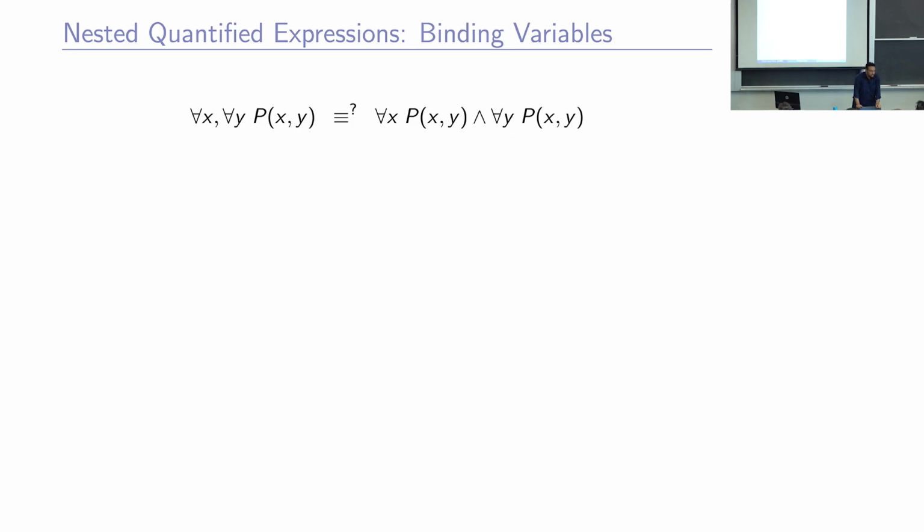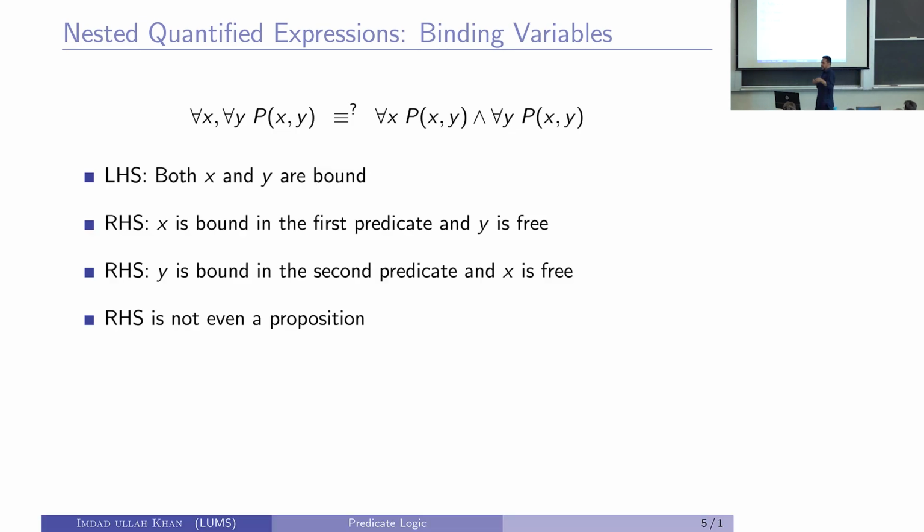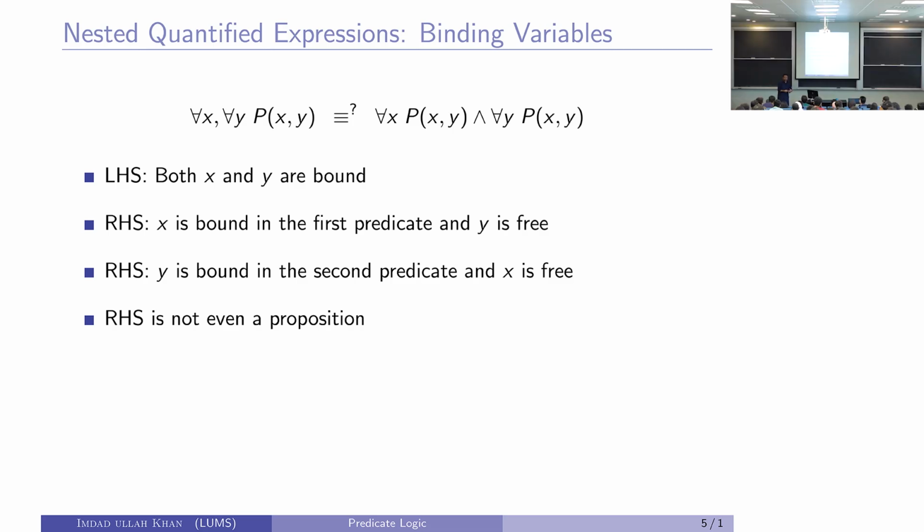AND has to be done between two propositions. So here the left hand side is good. Both x and y are bound, so it's a proposition. On the right hand side, in the first predicate x is bound, y isn't bound, and in the second predicate y is bound and x is free.